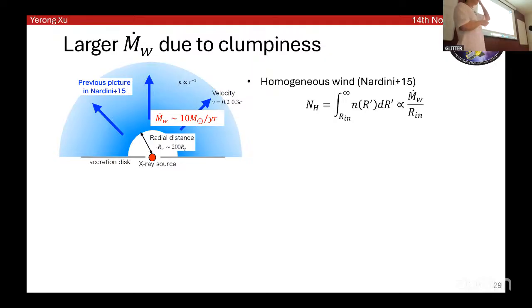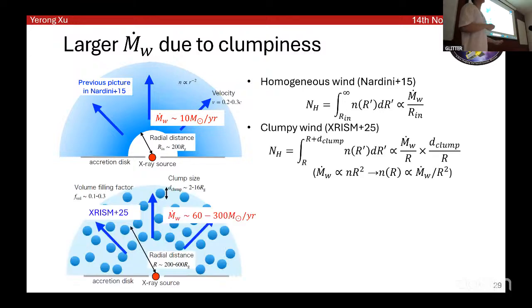In the past, the mass loss rate we derived from the CCD spectrum was just around 10 solar mass per year. That's because we thought UFOs are homogeneous and smooth outflows. So the integral of the column density starts from the inner radius of the outflow launching radius to infinity.